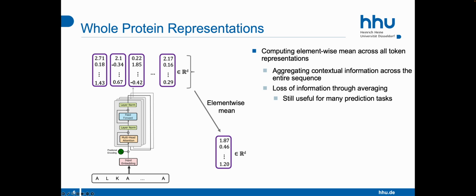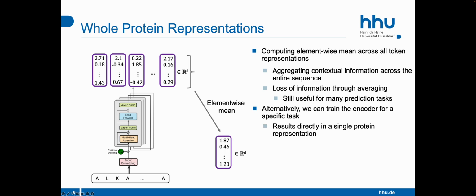To overcome the limitation that this representation is only a very general protein representation that may not capture all the necessary information that we need for a specific prediction task, we will see later that we can also train a protein sequence encoder on a specific task in a supervised fashion that directly results in a single vector that contains all the relevant information needed to solve a particular prediction task.